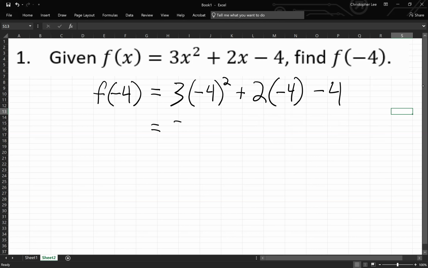So this would become 3 times 16 plus 2 times negative 4 minus 4. What's 3 times 16? 48.